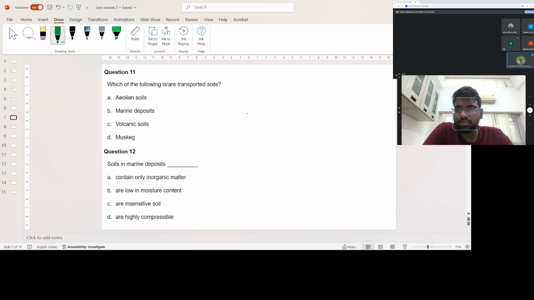Marine is also transported. I don't know this muskeg. What is this muskeg?